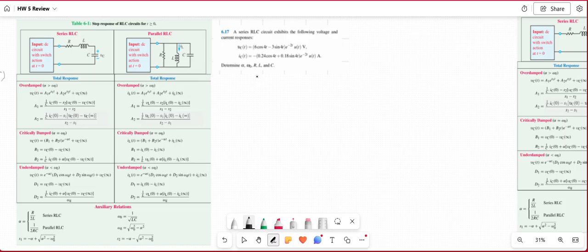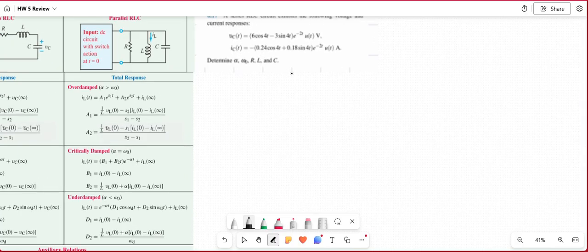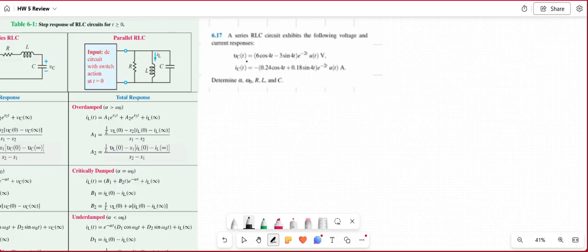From these two equations, we can't do what we did in the previous one because these are giving us two functions with the, and there's no circuit, so we don't know what RL and C are. We're tasked with finding pretty much all the values just from these two equations. So we need to find alpha, W naught, RL, and C.